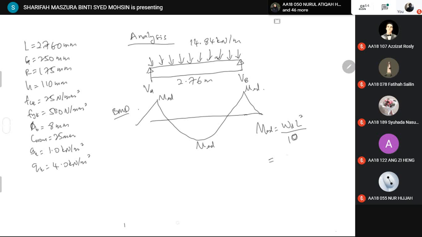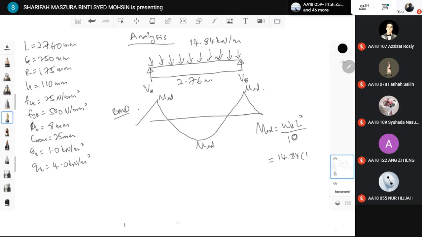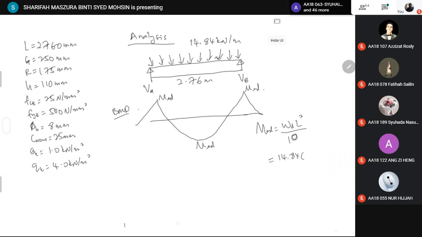So 14.84 times 2.76 square divided by 10. What do you get for the moment value?